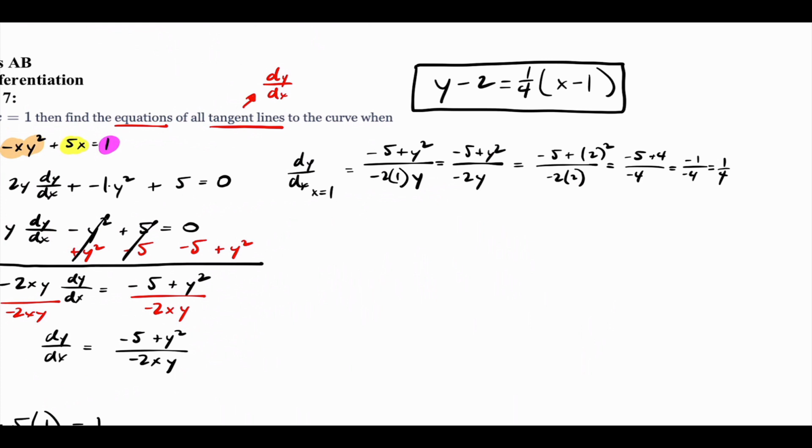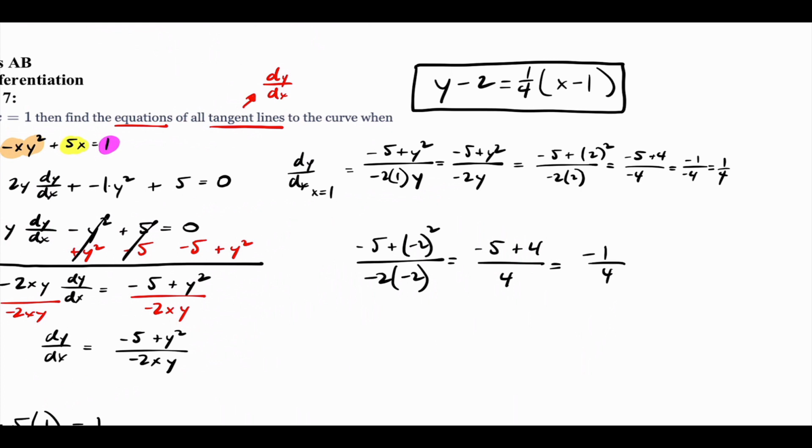Now I'm going to do the same thing, except now I'm going to plug in negative 2 for y, because that was the other y. So I get negative 5 plus 4 over positive 4.